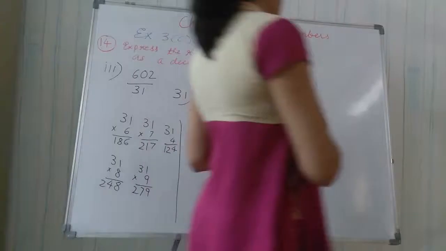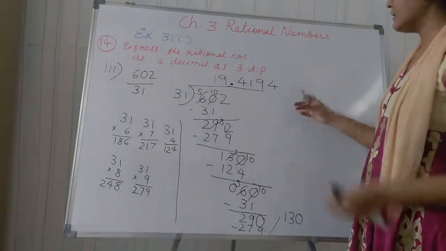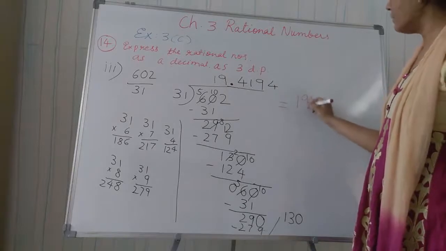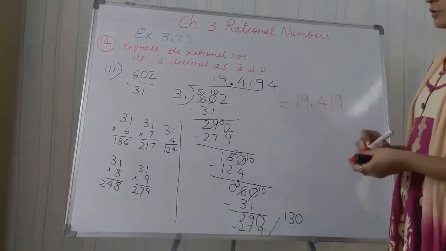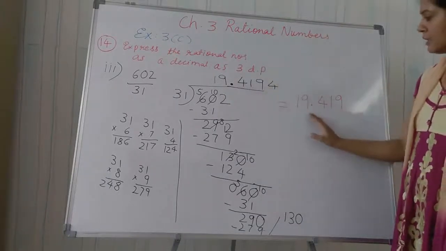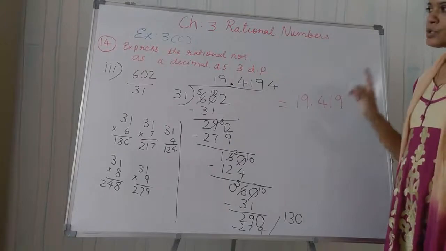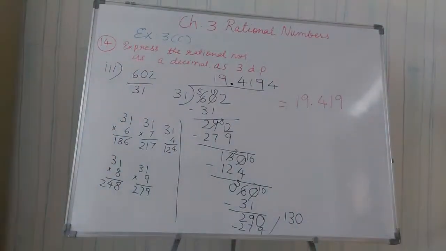So our final answer is up to 3 decimal place, and that is equal to 19.419. So this is our rational number up to 3 decimal place. Question number 14, third one. So understand now, up to 3 places, how can you find out?